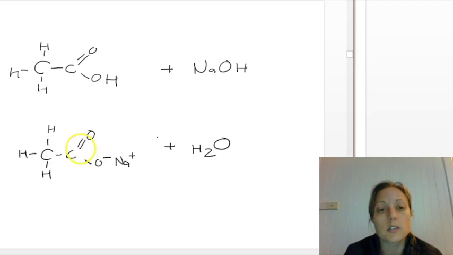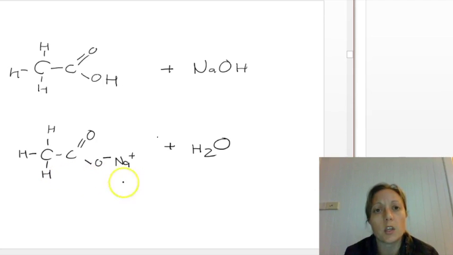Now because this is no longer a carboxylic acid and it's an ion, we get much stronger secondary interactions with water because we get ion-dipole interactions which will make it soluble no matter what size the salt is. So if we have a really long chained carboxylic acid, we can make it soluble just by putting it in basic conditions.